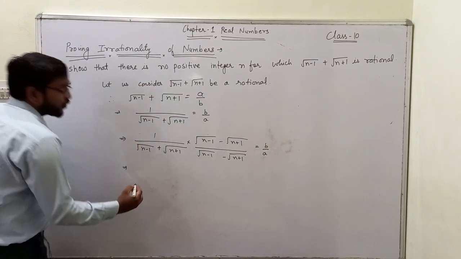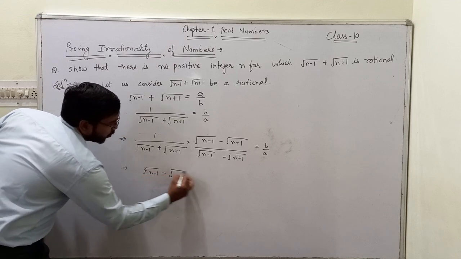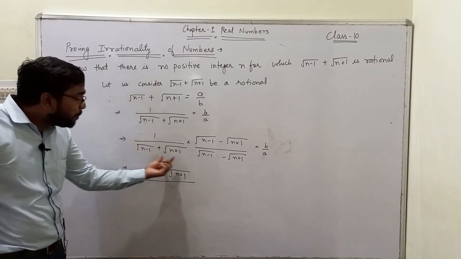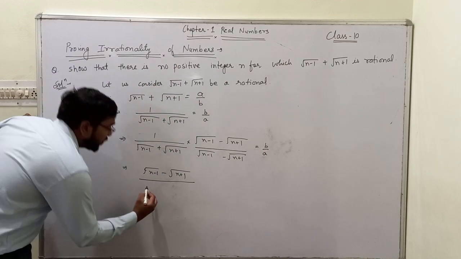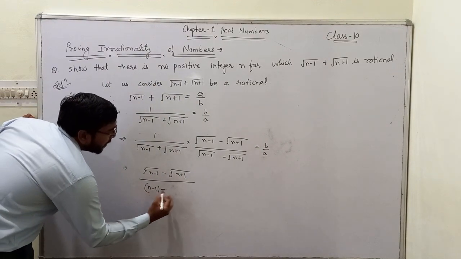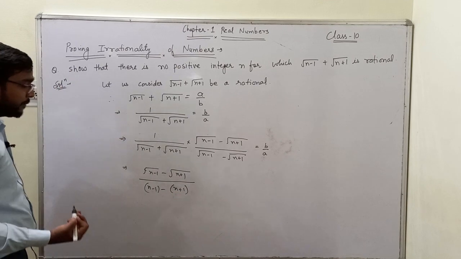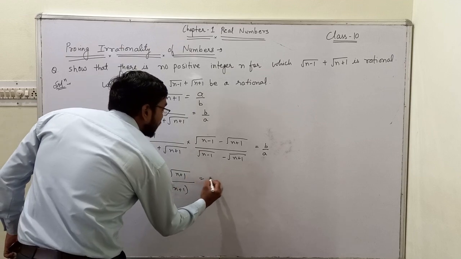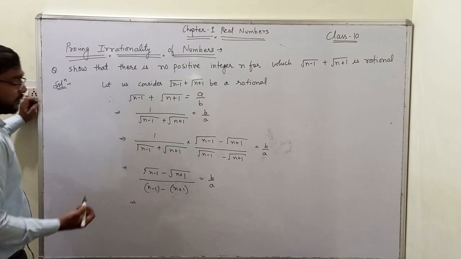On solving this expression, what will we get? We will get root n minus 1 minus root n plus 1, and in the denominator we will get a plus b times a minus b is a square minus b square. So we will get n minus 1 minus n plus 1, okay, equals b upon a. So what will we get?